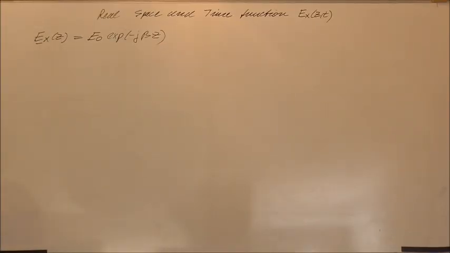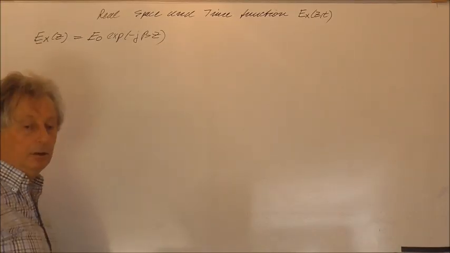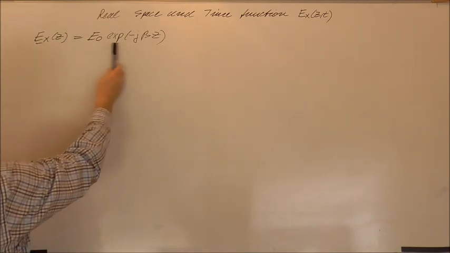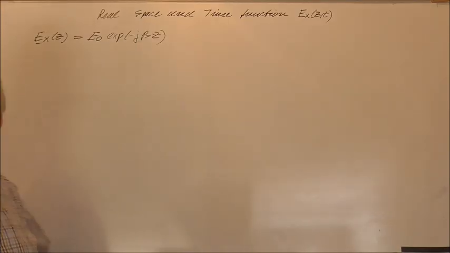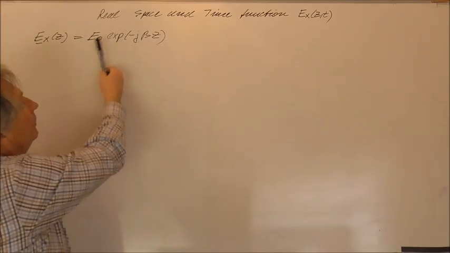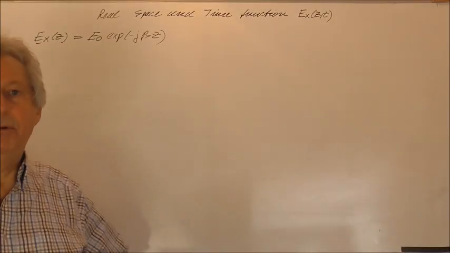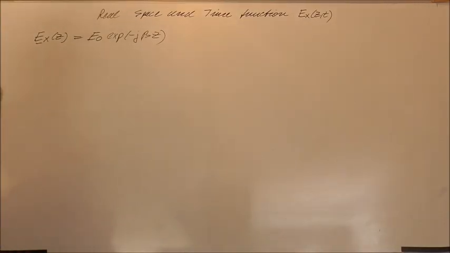Now I want to discuss the physical significance of our function. This is the so-called phasor notation, and we know that with the help of the phasor notation we in principle describe a real space and time function.